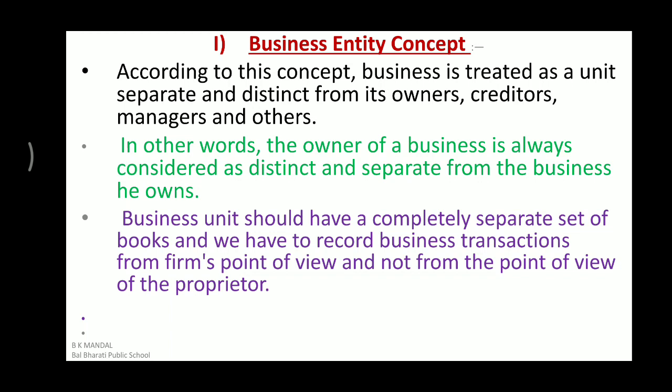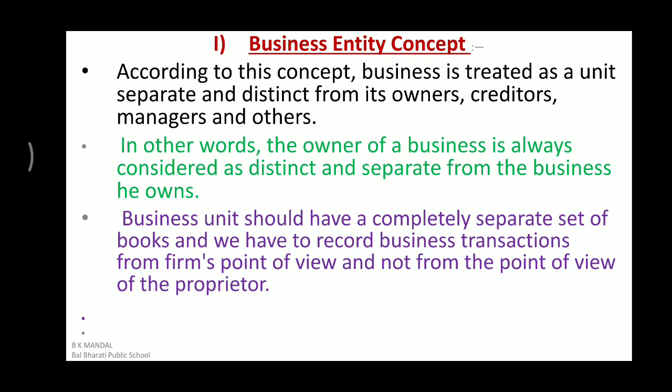That means the owner of a business is always considered distinct and separate from the business he owns. The business unit has a completely separate set of books, and we have to record business transactions from the point of view of the business, not from the point of view of the proprietor.